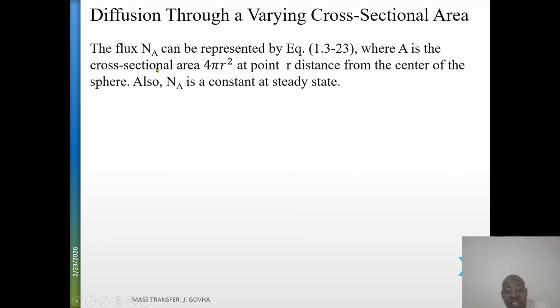Right, so flux Na can be represented by equation 1.323, where A is the cross-sectional area 4 pi r squared at point r distance from the center of the sphere.